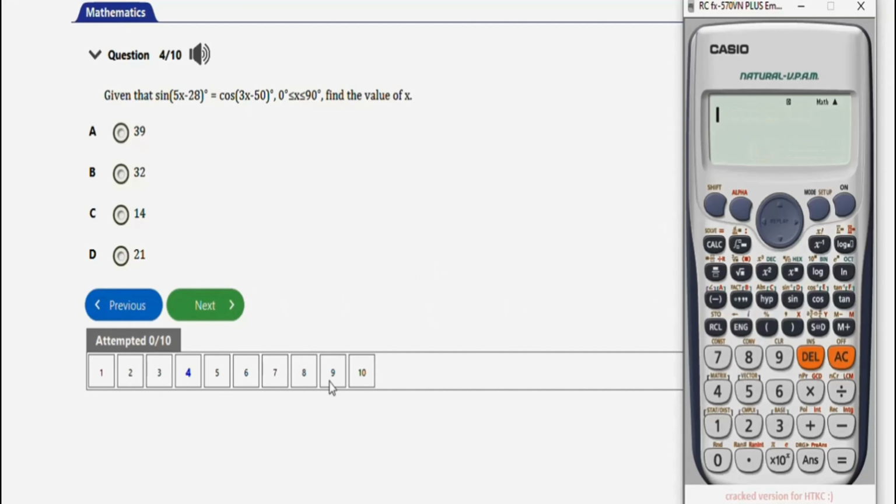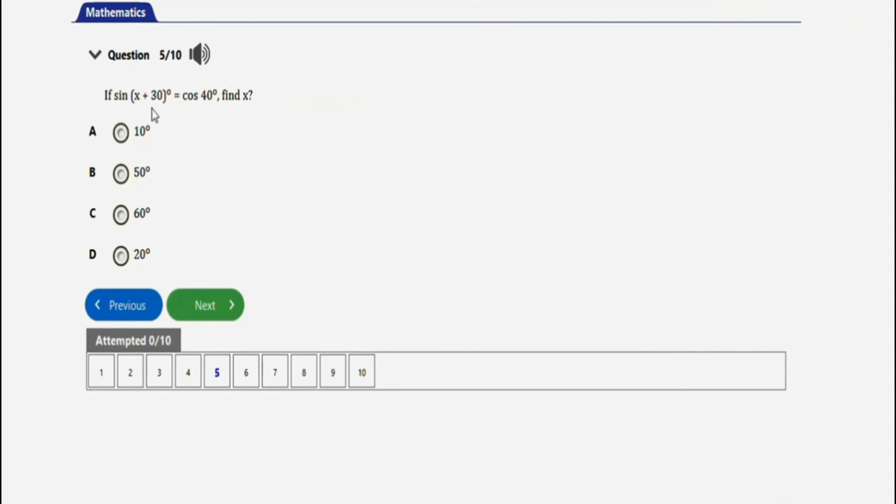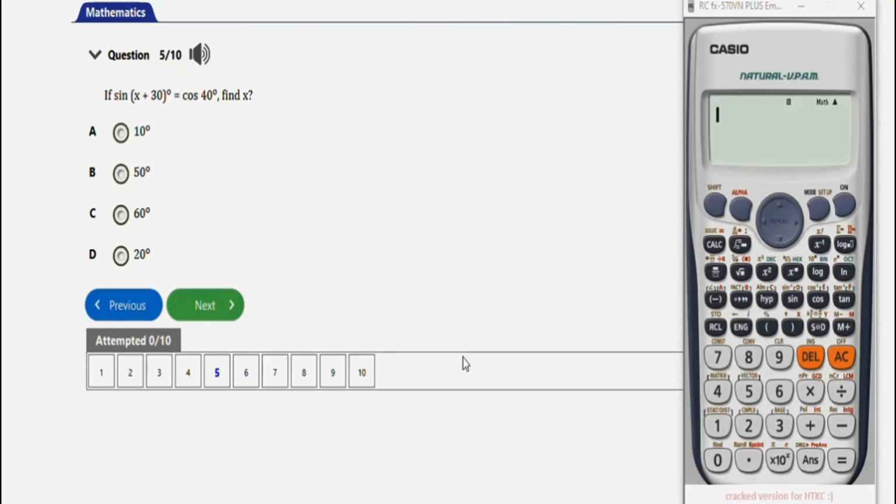Now that I can solve this, let's check the next equation, which is this one. It says if sine this equals this, find x. So see the same procedure. Let's use the calculator. Let's begin with option A. We have sine, when x is now 10 plus 30 degrees, we have 40 degrees. Close the bracket.